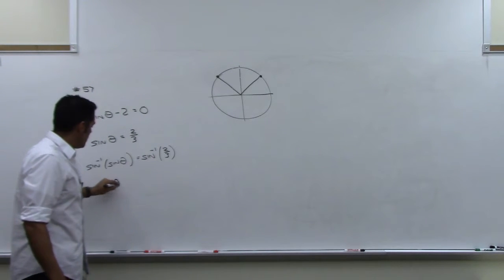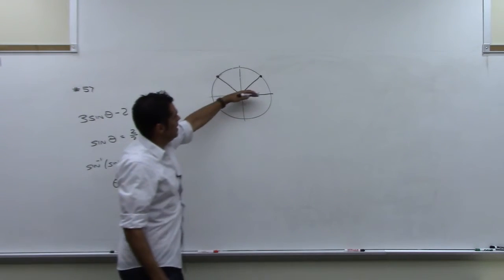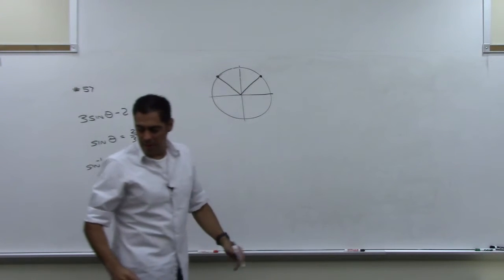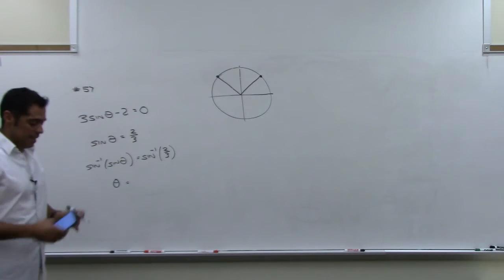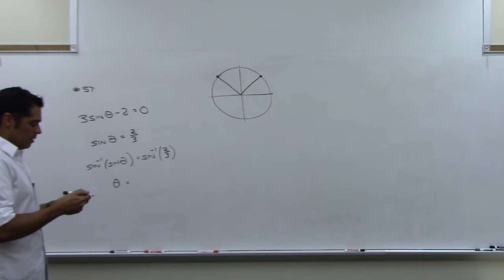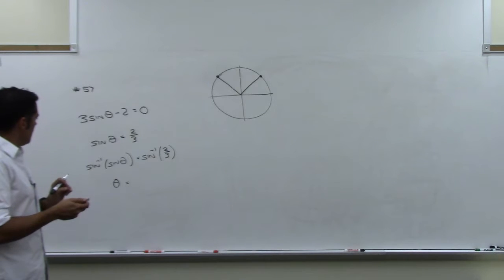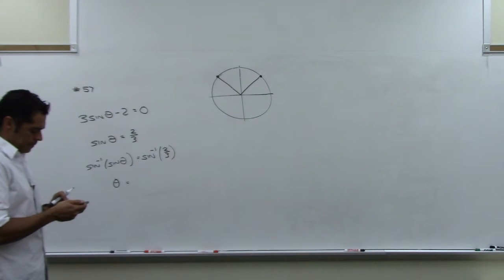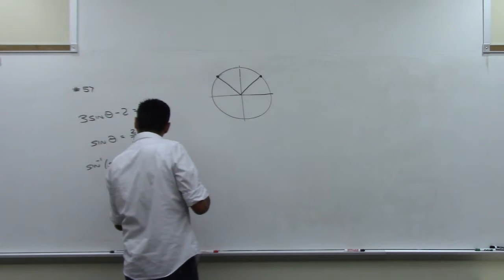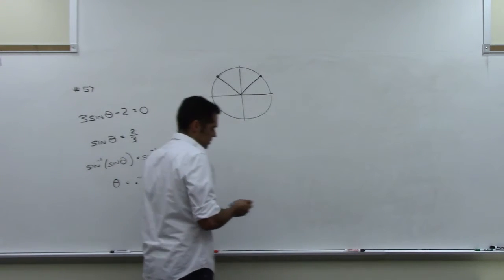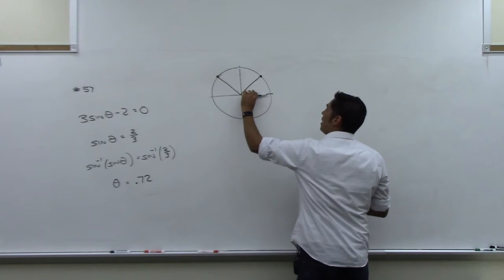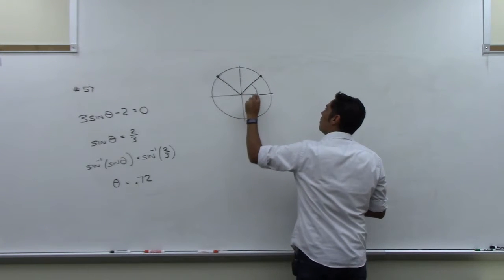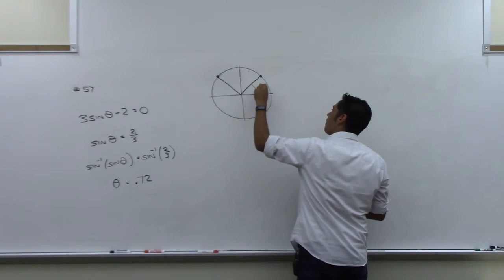So on my calculator, all in radians, I want to do arc sine of 2/3. And what I get is 0.72 radians. So the angle from here to here is 0.72 radians.